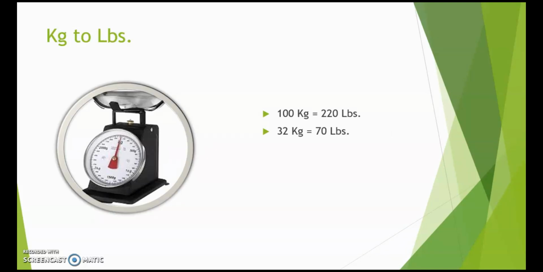Example: 100 kilograms times 2.2 is equivalent to 220 pounds. 32 kilograms is equivalent to 70 pounds. My advice is also to memorize a few basic conversions so that you will be able to assess right away the validity of your conversion.